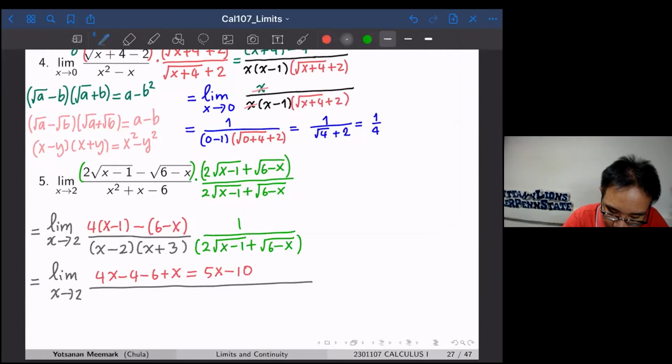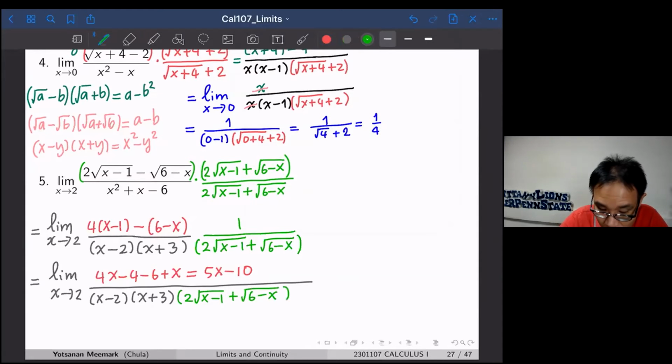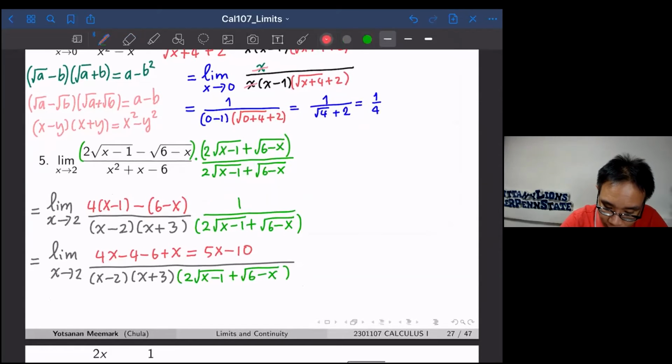So the black guy is x minus 2 times x plus 3, and the green guy is 2 root x minus 1 plus root 6 minus x. And we're gonna factor this one by pulling out 5, so it's gonna be 5 times x minus 2. And in this case, you're gonna get rid of x minus 2 on top and x minus 2 on the bottom.